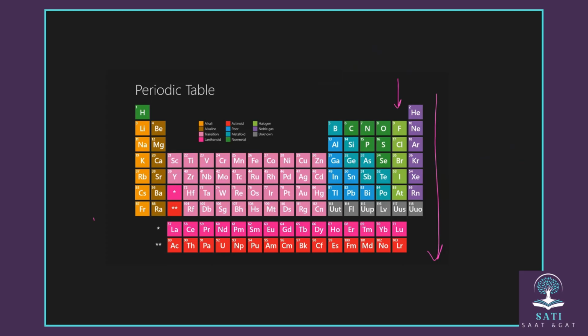Fluorine atom is like this. When you go down, chlorine is bigger, then bromine is bigger, then iodine is bigger. So if you go down the periodic table, the atomic size increases.